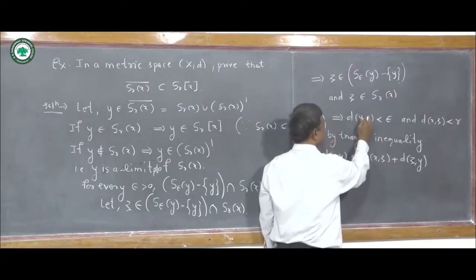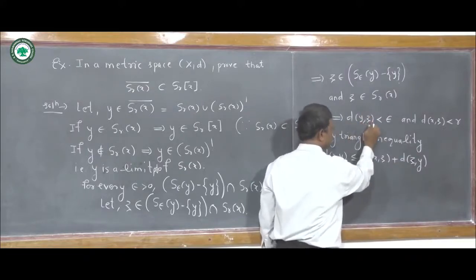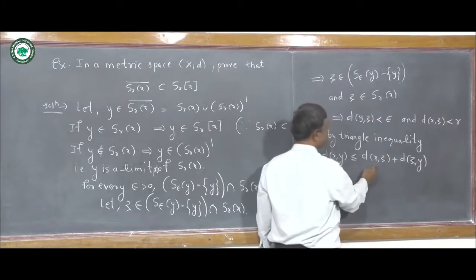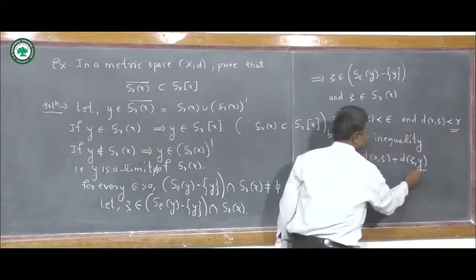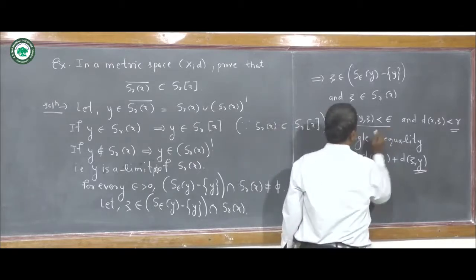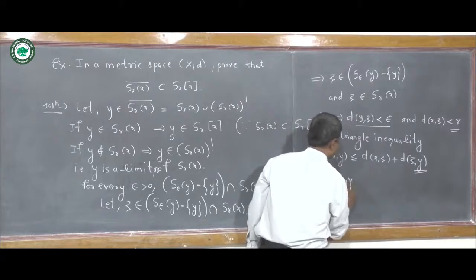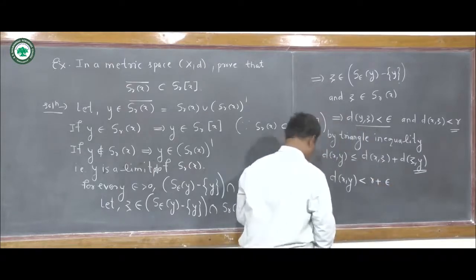Now remember that by using the symmetry property, we can write the distance between y and z is equal to the distance between z and y. Now we know that the distance between x and z is strictly less than r, and the distance between y and z is strictly less than epsilon. So therefore we write here the distance between x and y is less than r plus epsilon.